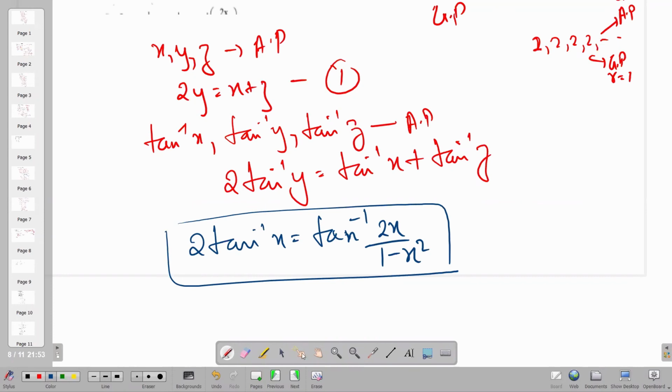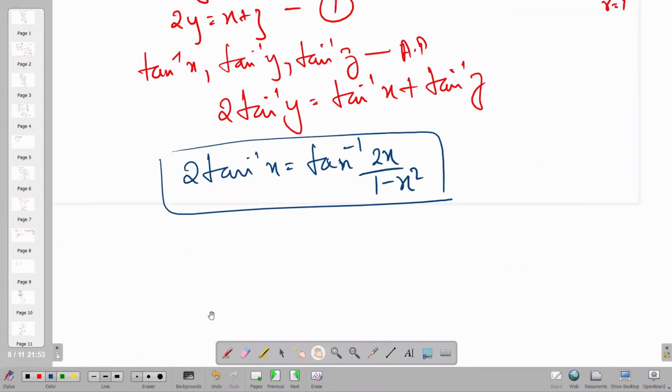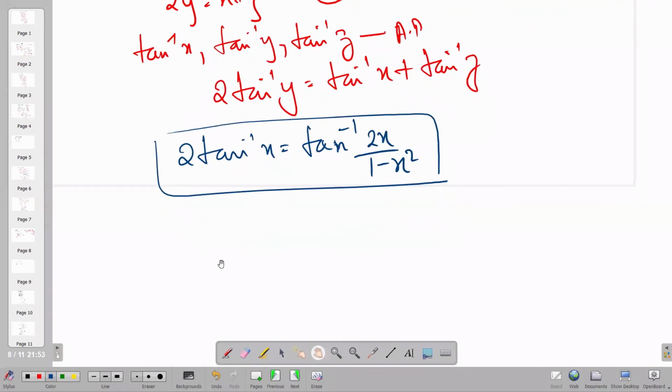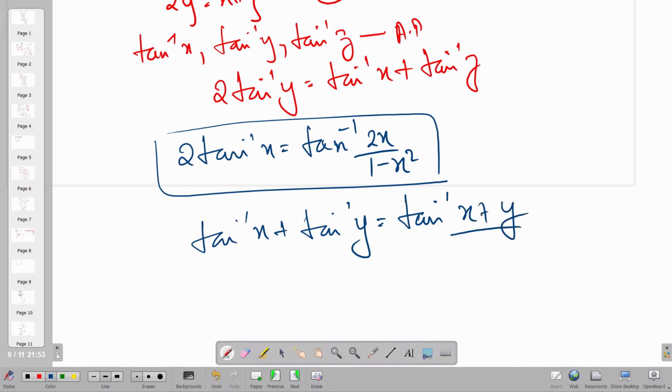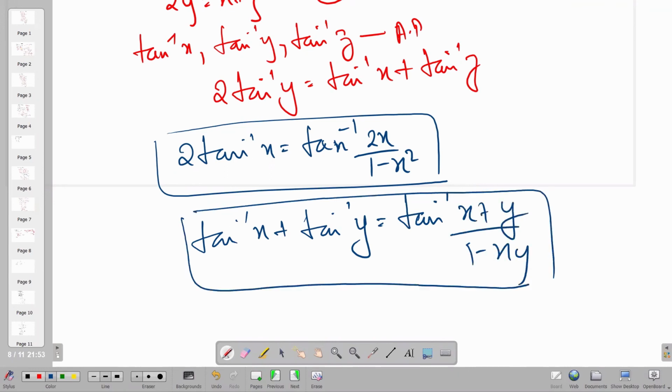And in RHS, I use tan inverse of x plus tan inverse of y is equal to tan inverse of x plus y upon 1 minus xy. So this I use in RHS, this I use in LHS.